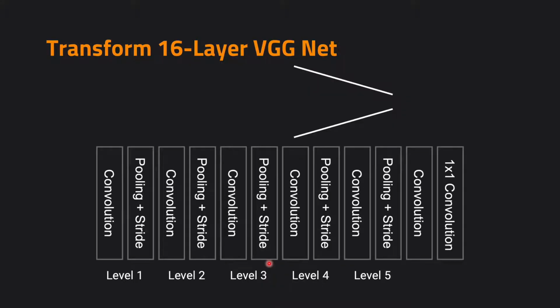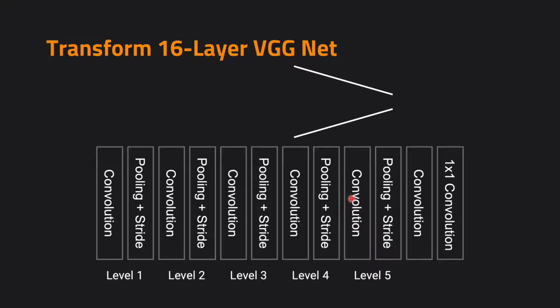And we can do exactly the same thing on a much deeper network. For example, here is a VGG network. It has several levels, and each level has a group of convolutions followed by a pooling and a stride. Because of this pooling and stride, we progressively downsample the input resolution for the image classification task.